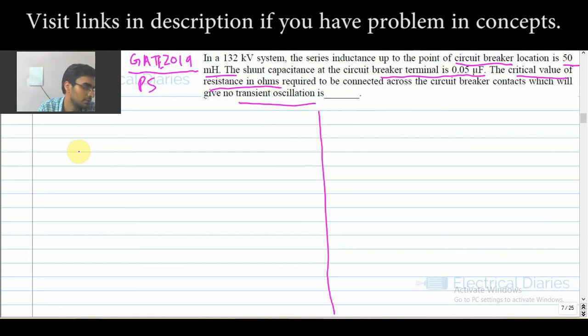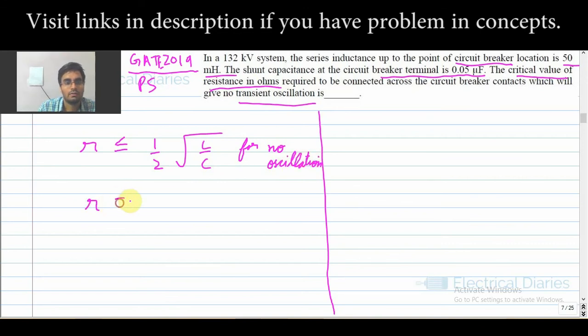The condition for this is that critical resistance R should be less than or equal to 1 by 2 under root L by C for no oscillations. So our critical resistance will be half into under root L by C. You put the values of L and C. L is 50 into 10 to the power minus 3.